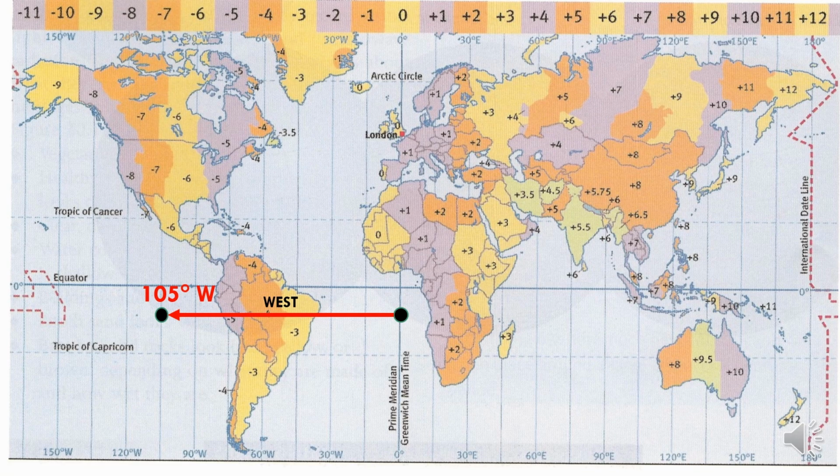It means that we are losing time. Therefore, in order to calculate the approximate time at that place, we must subtract our 7 hours from the time at Greenwich, which is 5 p.m. And it gives us a time at 10 a.m. at a place located at 105 degrees west. And this is the reason why we subtract our 7 hours from our time at Greenwich, because 105 degrees west is located west of the Greenwich meridian.